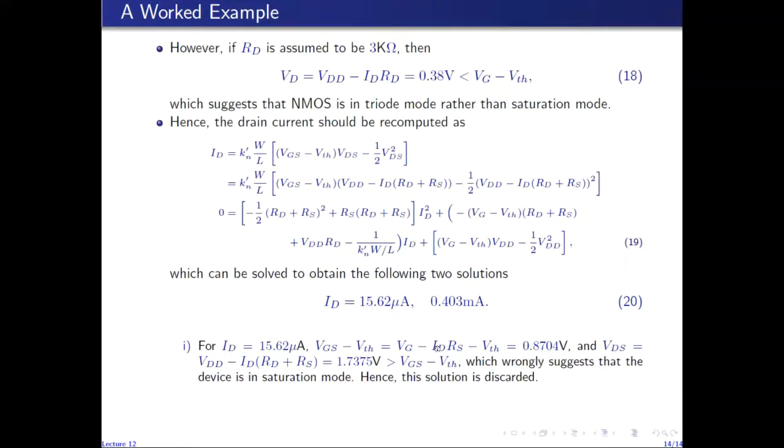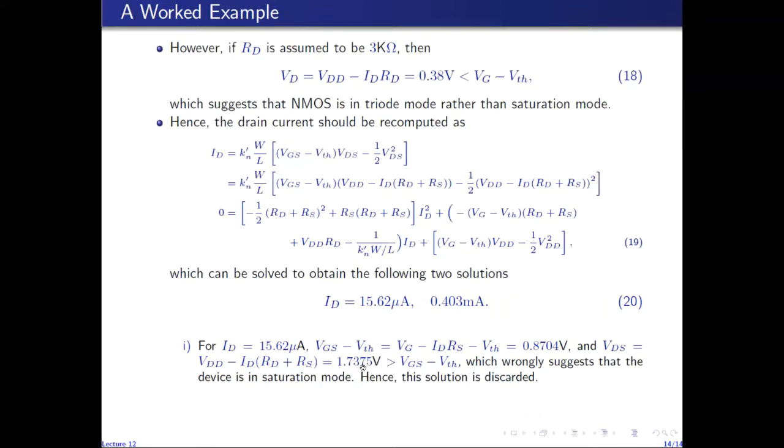And corresponding to this drain current, we compute VDS. So VDS is VDD minus the drop across RD and RS. By putting in the value of ID, this comes out to be 1.74 volts.